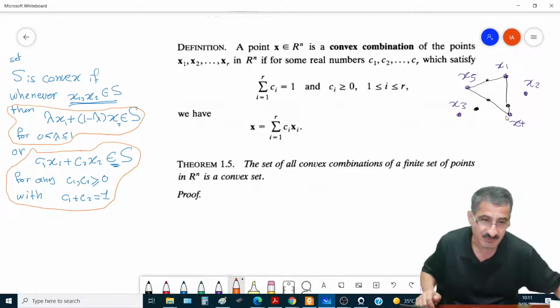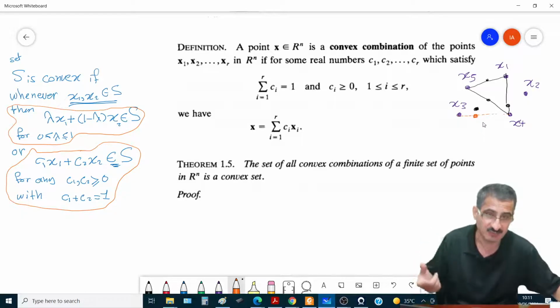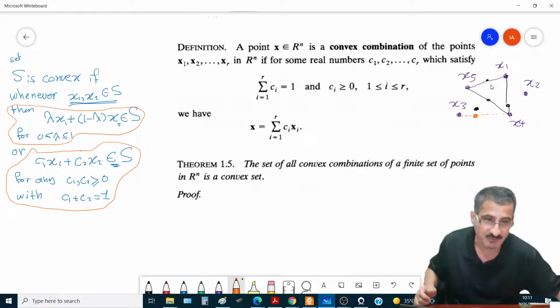This might not be on the line segment of any two of these points, but if you pay attention, we can make a point here which is on the line segment between x3 and x4. So it is in the convex set we are working on, and we can make another point here which is on the line segment between x2 and x5.